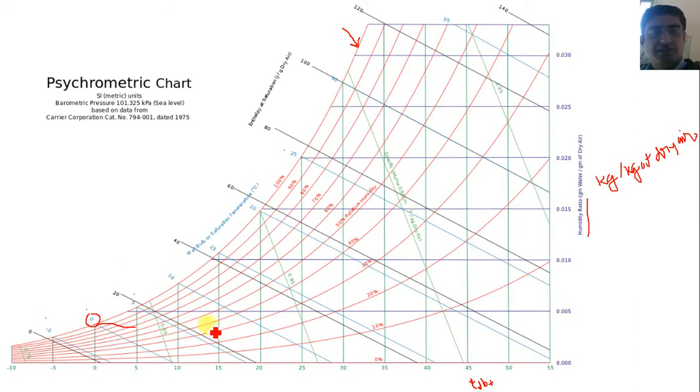On this line the value of dew point temperature is 0 degree Celsius. Similarly, if you draw a horizontal line from 5, it indicates a dew point temperature of 5 degree. Here is the 10 degree, here is the 15 degree, 20 degree, 25 degree, 30 degree, 35 degree.